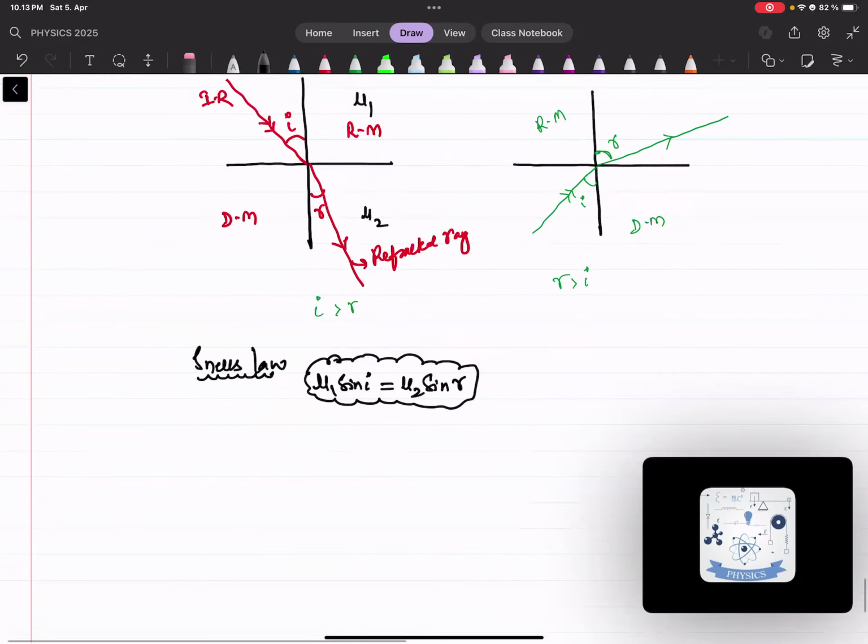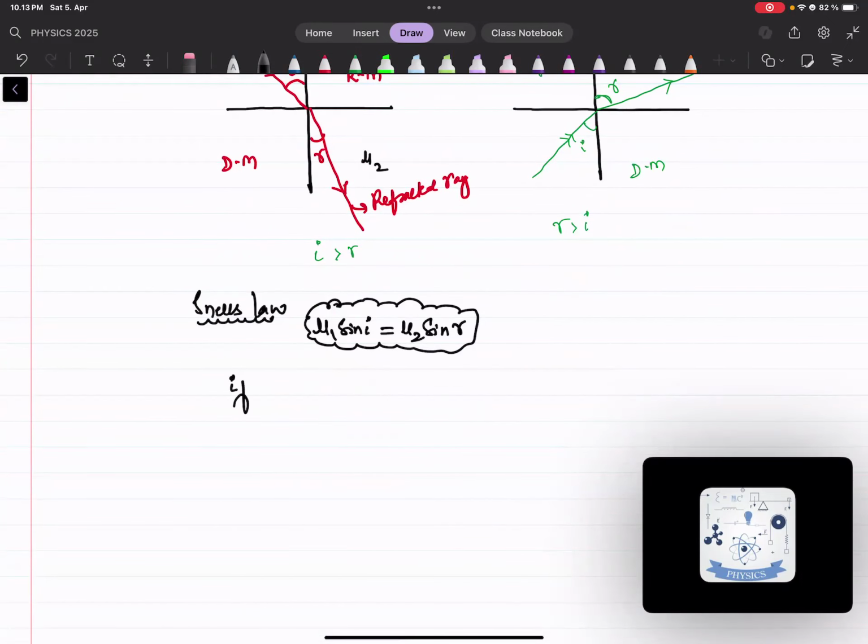Condition: if mu2 is greater than mu1, then light will bend towards the normal.